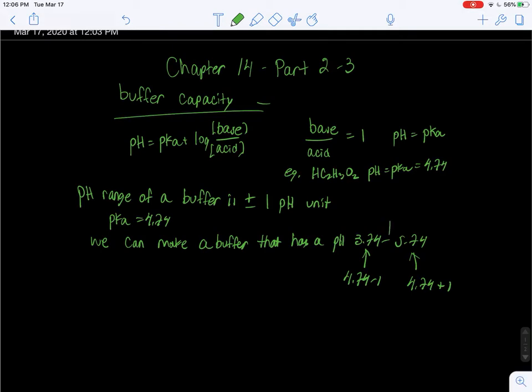So, the midpoint here would be 4.74. So 1 pH unit lower would be 3.74. 1 pH unit higher would be 5.74, and so this is going to be your pH range. It's going to be plus or minus 1 pH unit from whatever pKa of the weak acid is in your buffer.